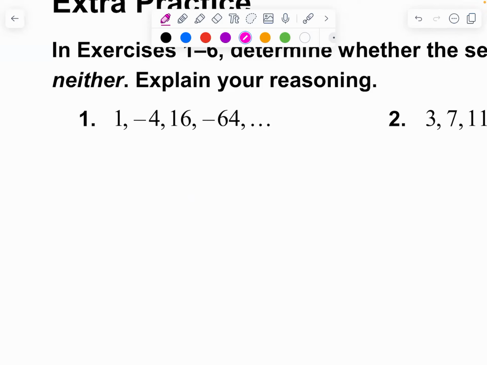I would like you to look at number 1. And I would like you to think about the pattern in number 1. Drew, what do you think about the pattern in number 1? She says we're multiplying by -4.